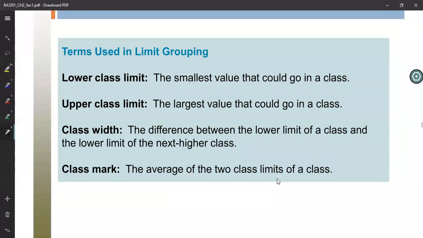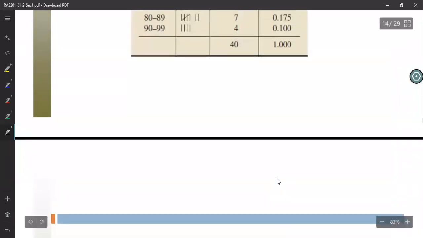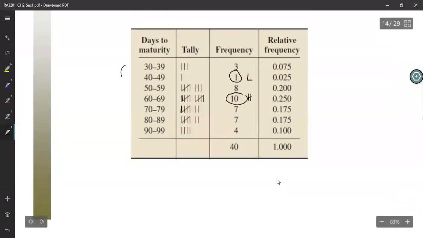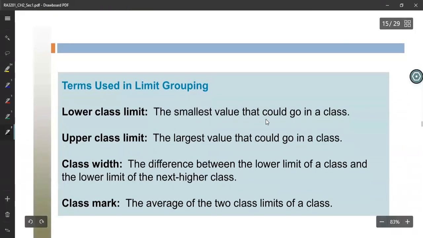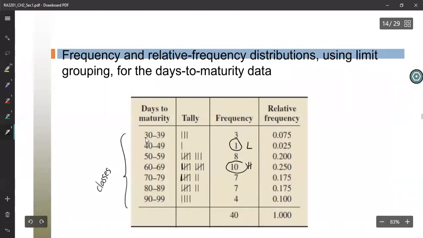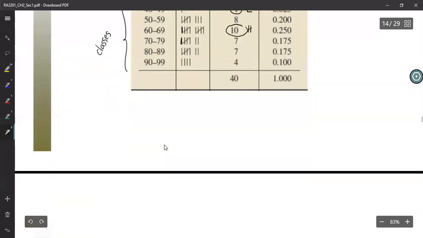If you look at the class limits, here are the classes. In the first class, the lower limit is 30, the upper limit is 39. The smallest value that could go in a class is called the lower class limit. The largest value that could go in a class is called the upper class limit. So you can find the lower and upper class limits for all these 7 classes.